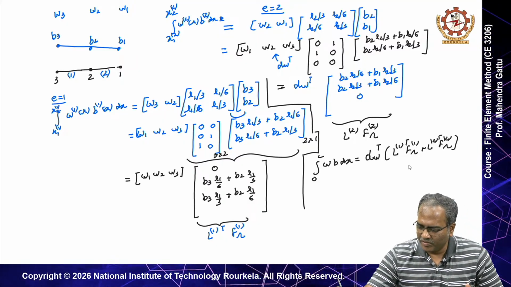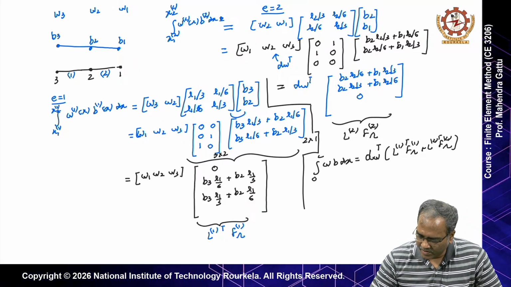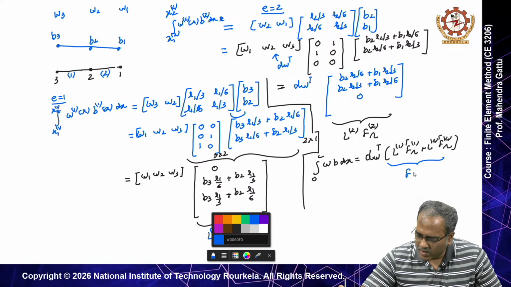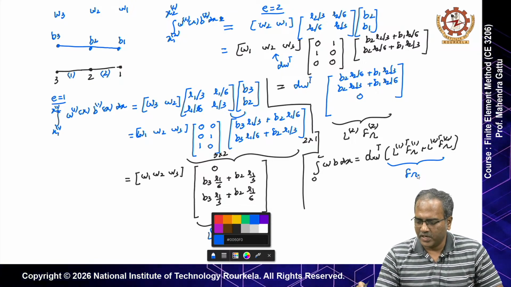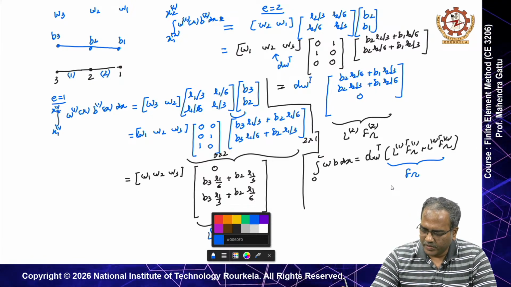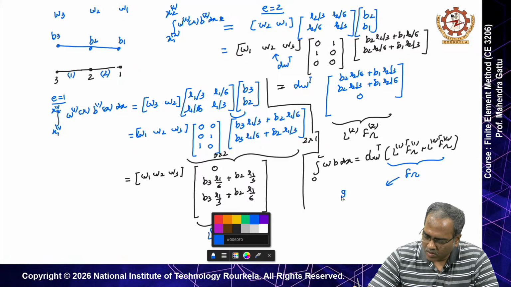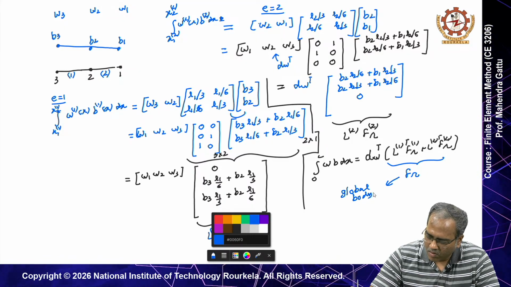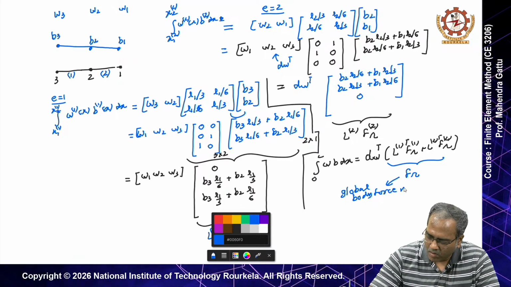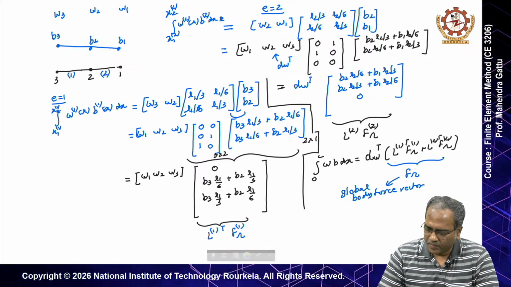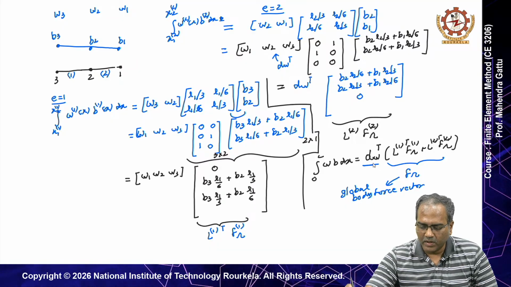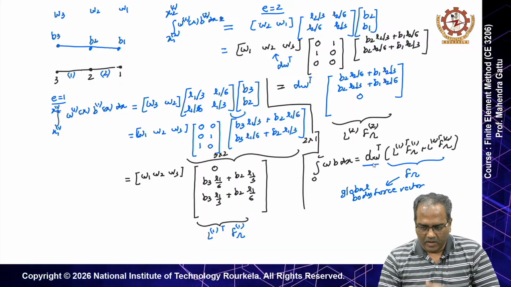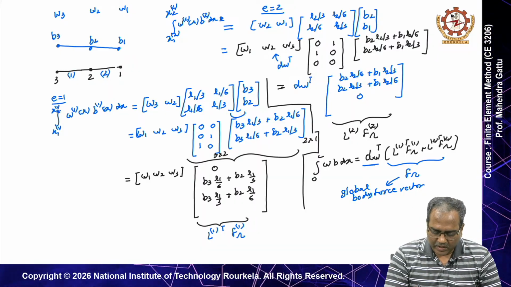We can call this F global, the body force vector. Okay. So we have taken this dW term outside, and then we have our body force vector. So the second term is also done.